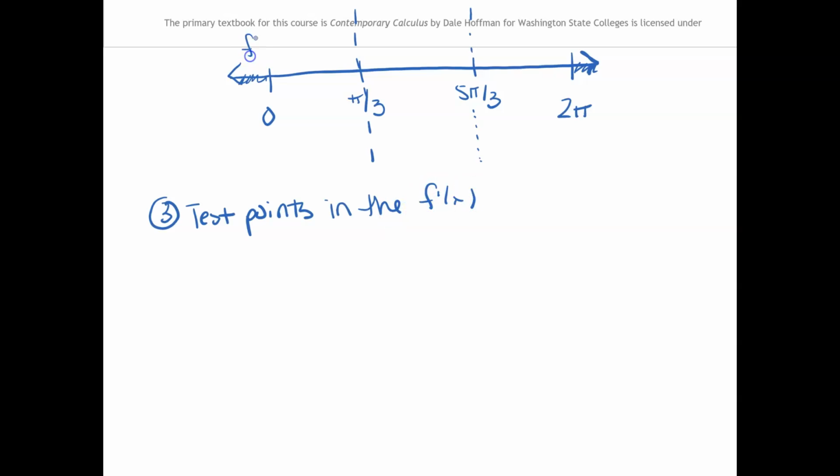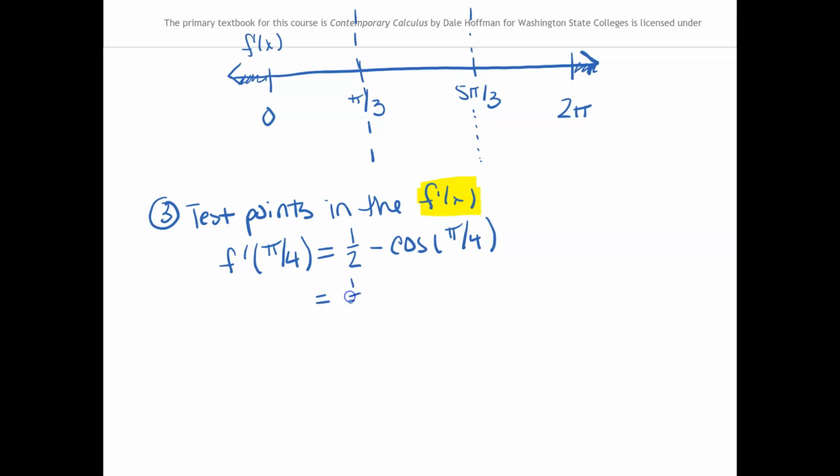So again, you're putting values into your derivative. Make sure you're plugging into the right equation because we're looking at slopes here. We're trying to find increasing, decreasing. So I'm going to pick some nice values. I'm probably going to pick values from my trig circle. And so I'm going to say, what is f prime of pi over 4? And so that would be 1/2 minus cosine of pi over 4, and that's on your unit circle.